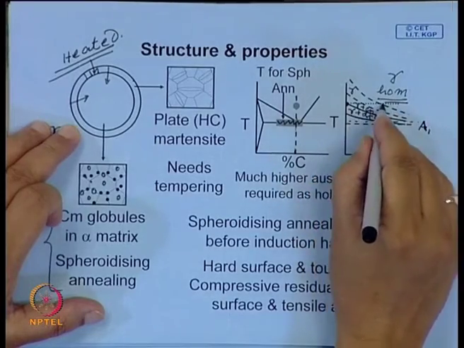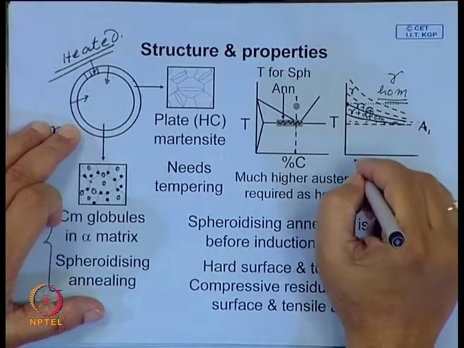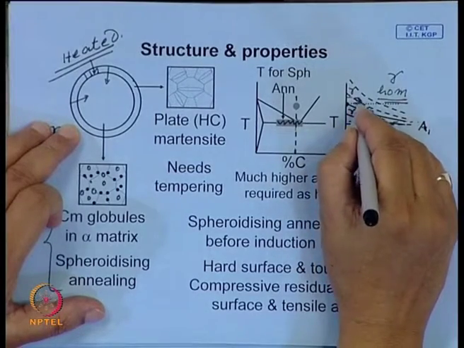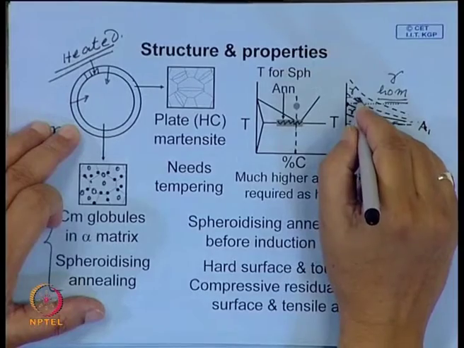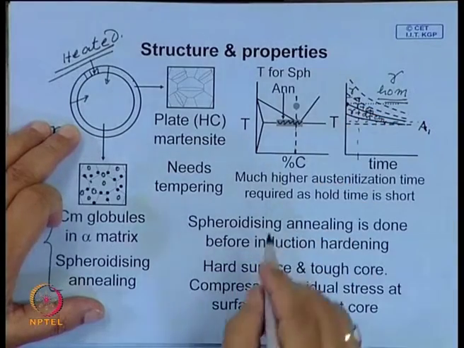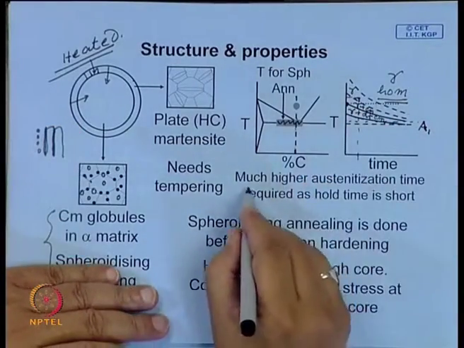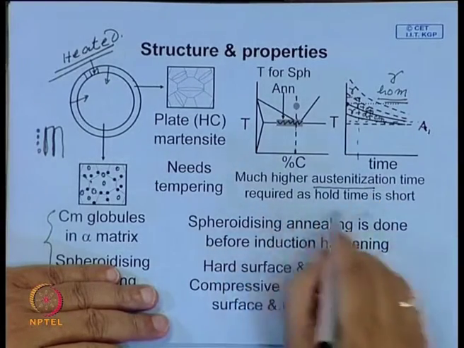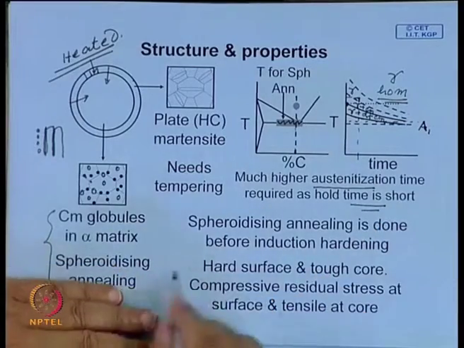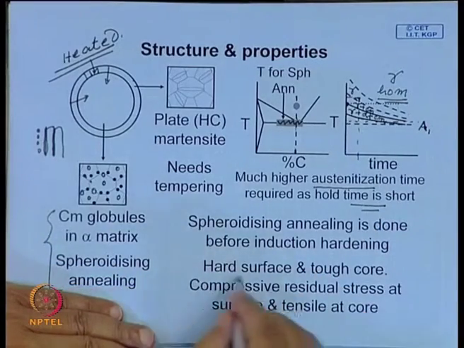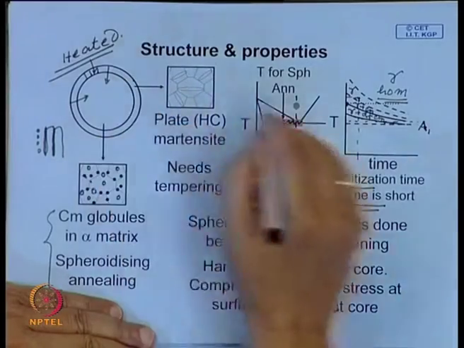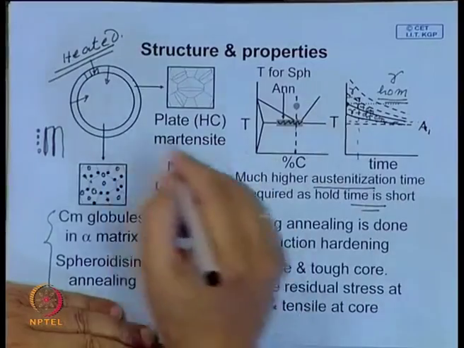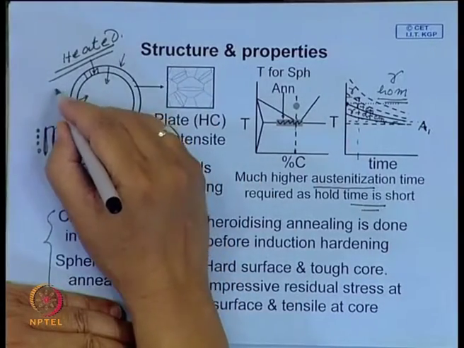But often this time may be very long. So, one way is to heat it to a relatively higher temperature for a short time, and you may have to quench from this region. Since you have to use a much higher austenitization temperature as the hold time is very short, you quench after it has reached that temperature and been kept for a certain length of time, that means by spraying water.